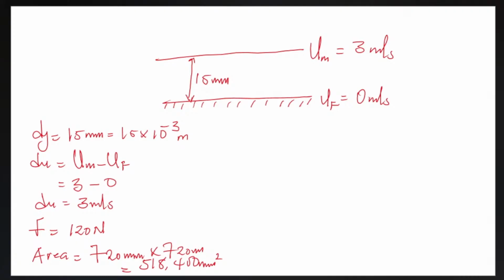So the value for your tau will simply be your force in Newton, 120, divided by 518.4. You punch your calculator and you arrive at the value for your shear stress, which is 0.2315 Newton per meter square.